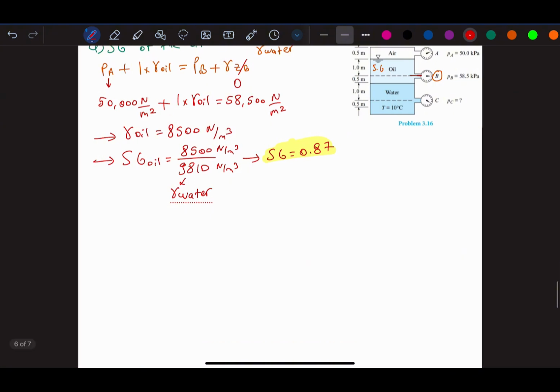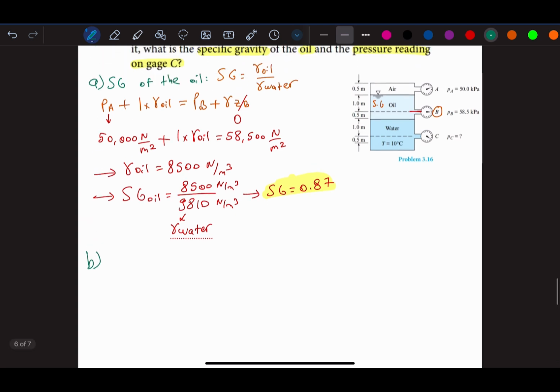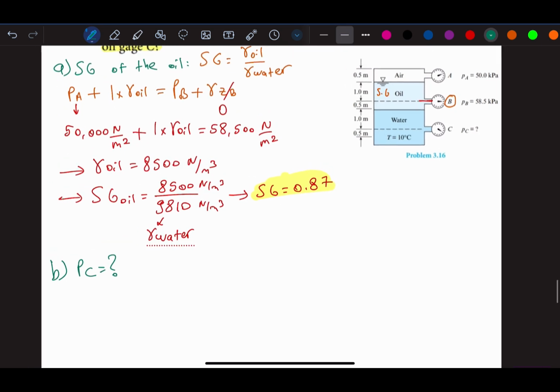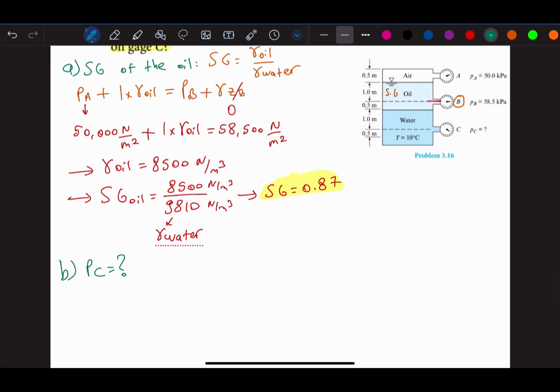And then we need to go to the second solution, which will be B, and it actually asks PC. So pressure at point C. Again, we can do the same approach.